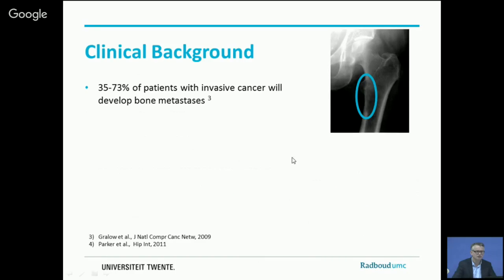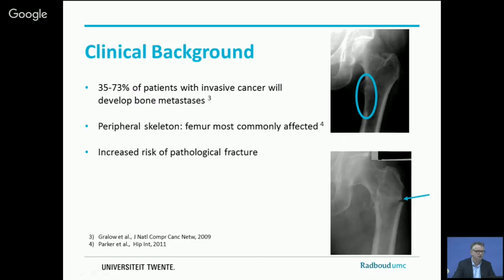A metastasis is basically a weakening of the bone. Here you can see that a cancer, it can be lung cancer or kidney cancer, has extended to the femur, and there is basically a hole in the bone. From a mechanical engineering point of view, it is a hole in the bone. And 35 to 73% of the patients will get that. The femur is mostly affected, although the spine, the vertebrae, are also heavily affected.